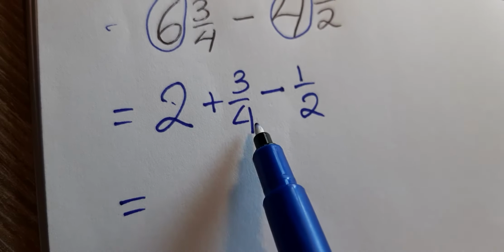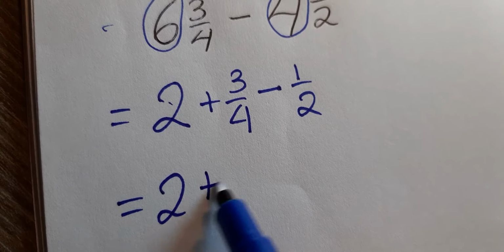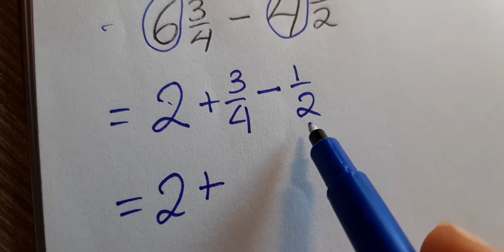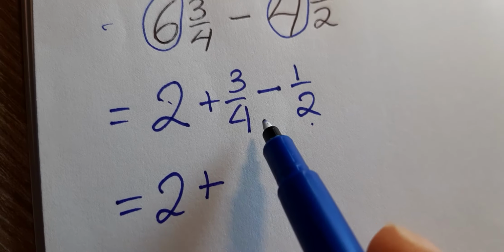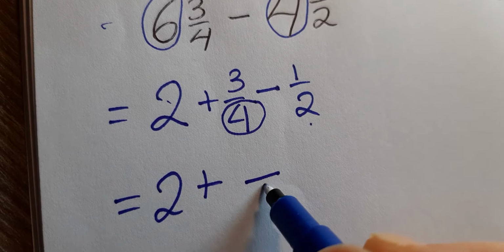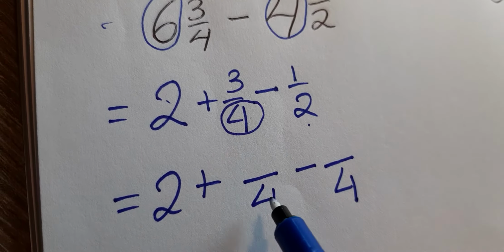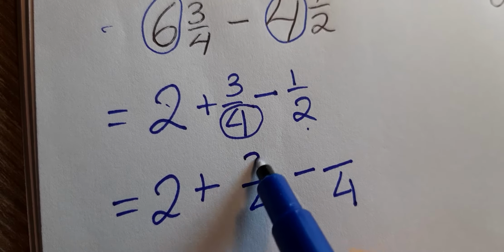Because the denominators are not the same, we have to make them the same. So the 2 wholes remain, and we have to make these the same denominator. The lowest common denominator cannot be smaller than the biggest one, 4. Does 2 go into 4? Yes, it does. So 4 is my lowest common denominator. These are already fourths, so I can just write the 3 on the top.